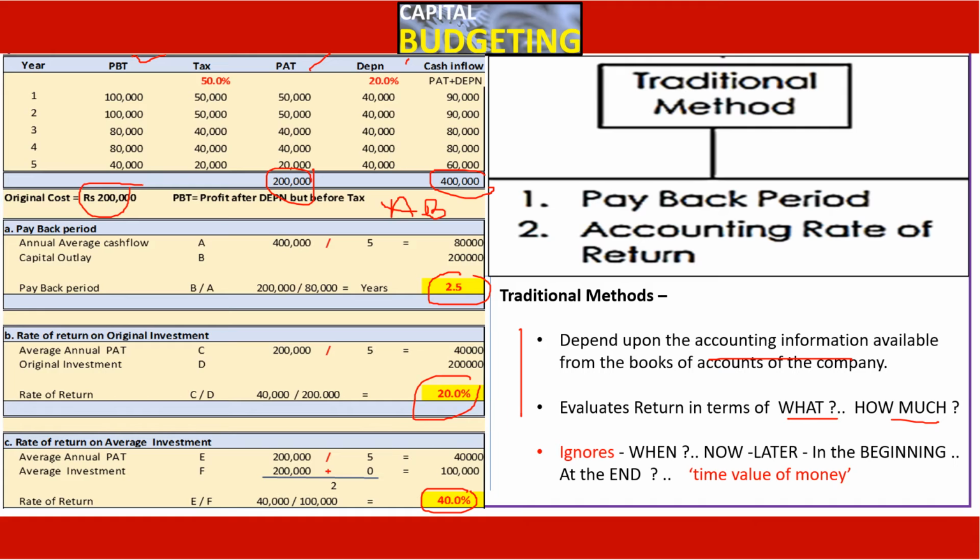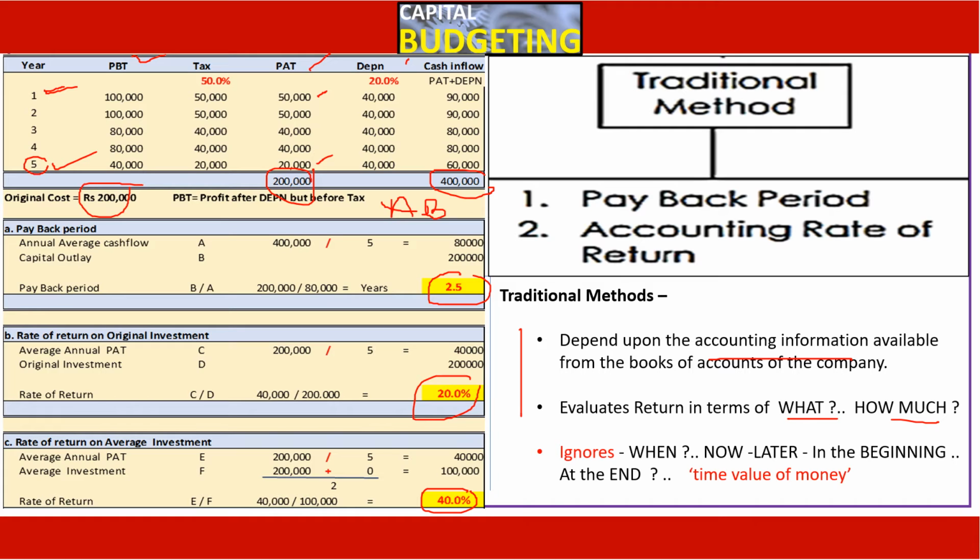It talks of what and how much. But you may receive profit of 50,000 in the 1st year, and in the 5th year you are receiving a profit of 20,000. Profit received today is not equal to profit received after 5 years.